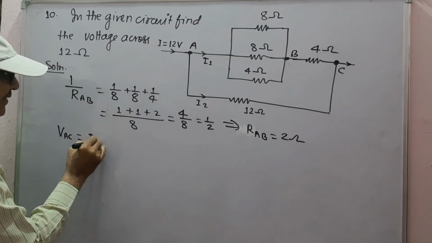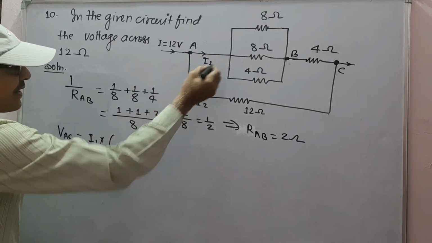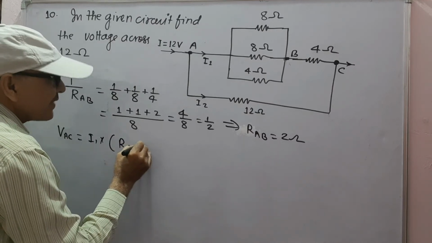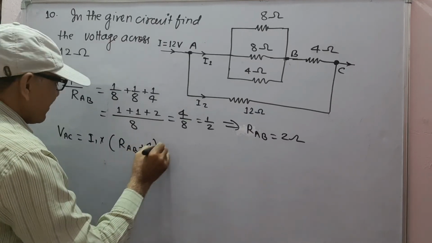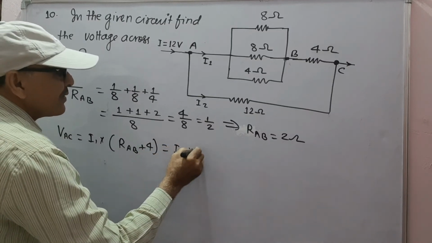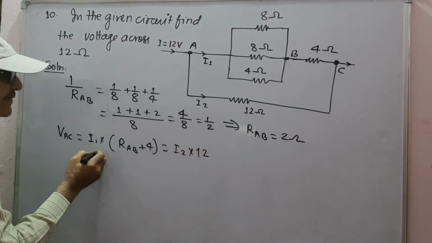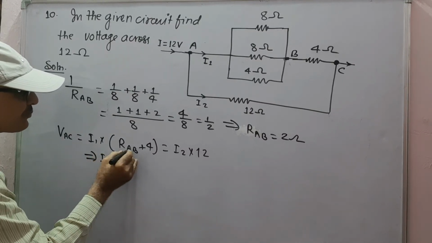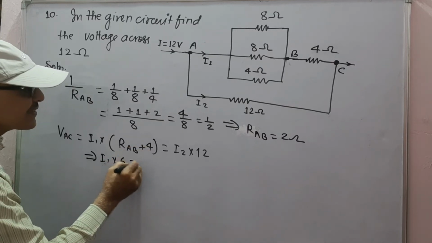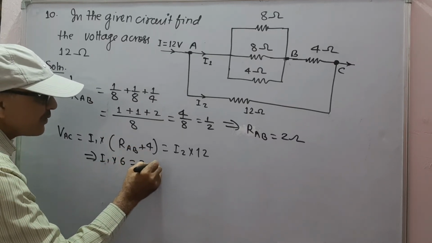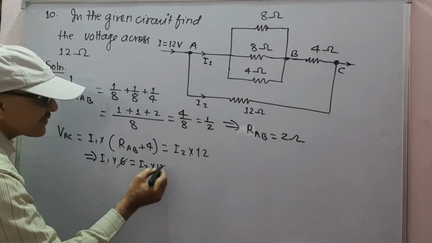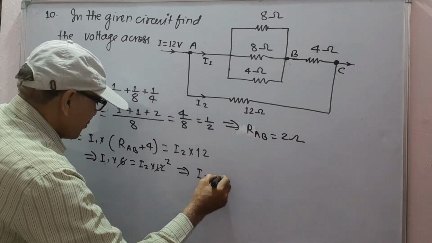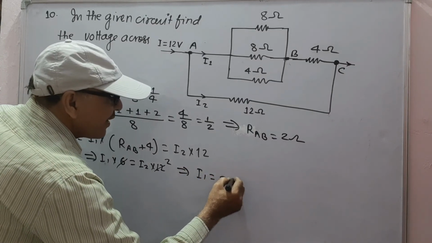Therefore, I1 into R_AB plus 4 ohm will be equal to I2 into 12 ohm. That is I1 into 2 plus 4, 6, is equal to I2 into 12. This cancels 2. This means that I1 is equal to 2 I2.